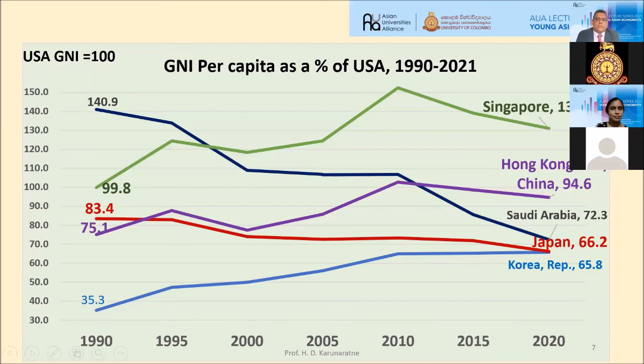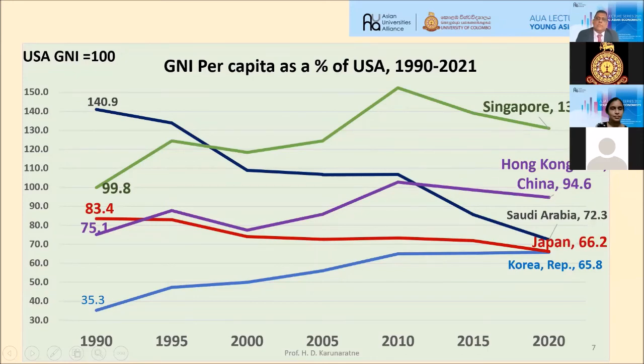So you can see, for example, South Korea had 35 out of 100 of US income in 1990. It had increased to 65.8%. And similarly, you can see Japan, of course, slightly coming down, but other countries you can see here.